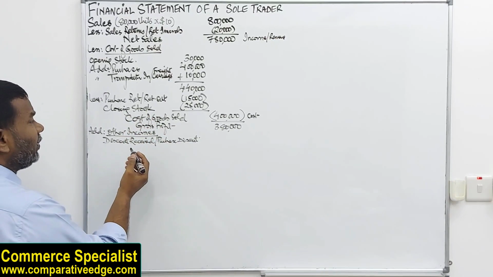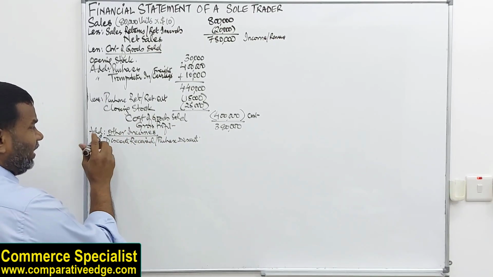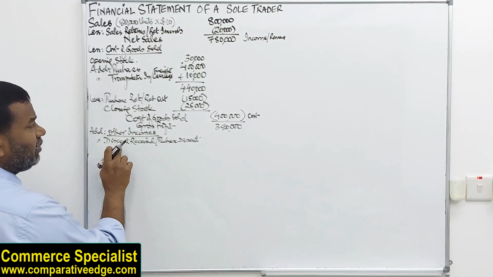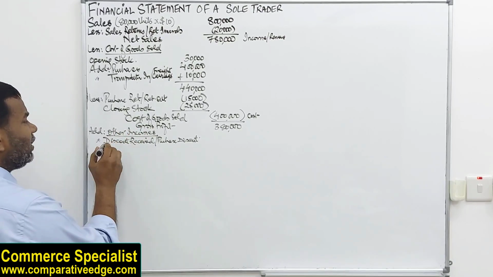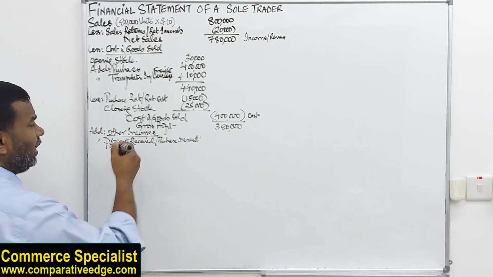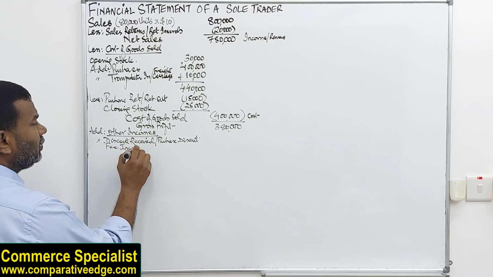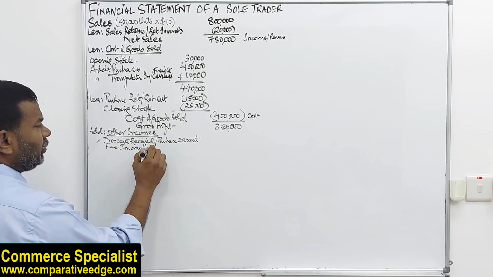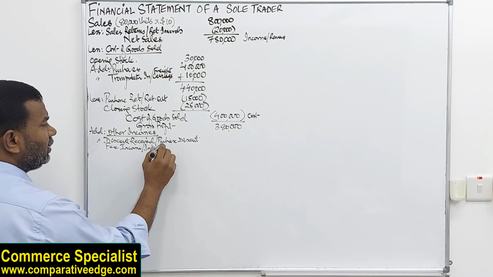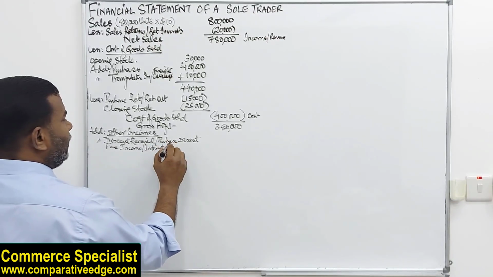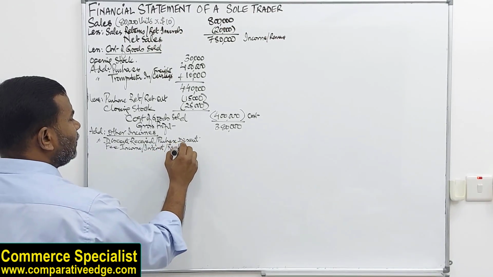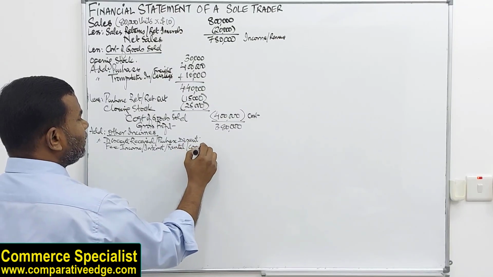I'm giving you other types of income. This is by default. You have to check in the question if discount received is there. Otherwise, normal income is known as fee income. As I told you, I teach martial arts, I charge fee. So there could be fee income. Another source of income could be interest. It could be rental income. It could be commissions.